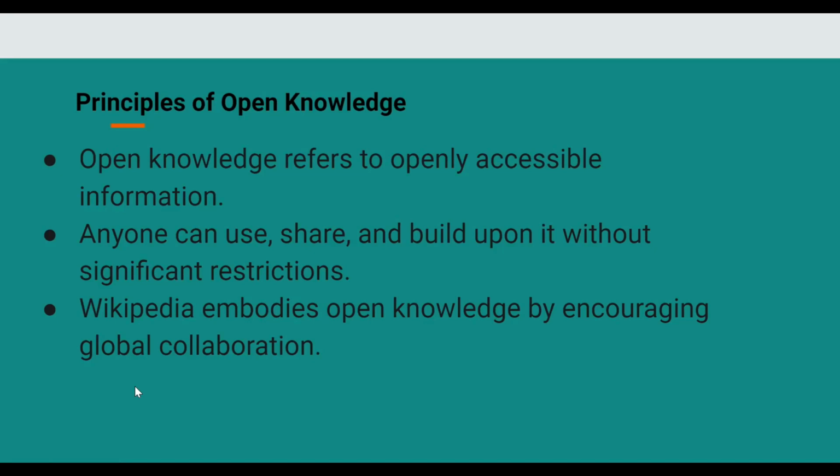The next one is that anyone can use, anyone can share, anyone can build upon it without significant restrictions. So long as you are doing the right thing, you can edit on Wikipedia, build on it and share it without significant restrictions. But if you are doing the wrong thing and you are warned several times, then Wikipedia is going to block you.